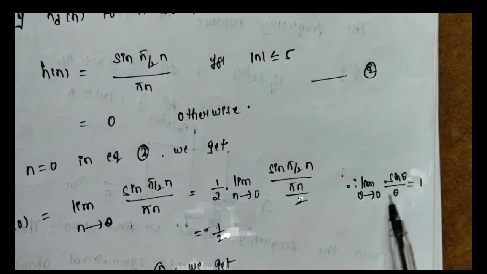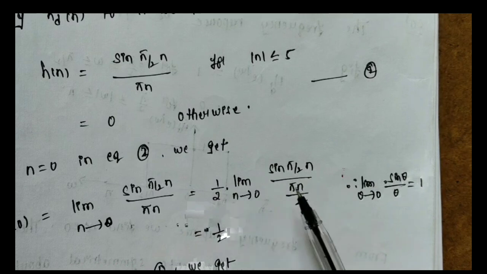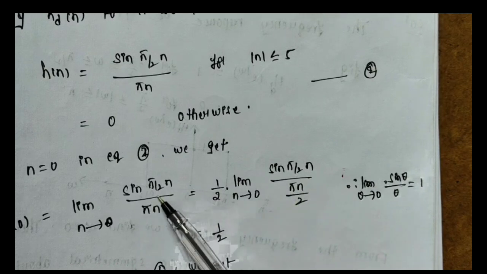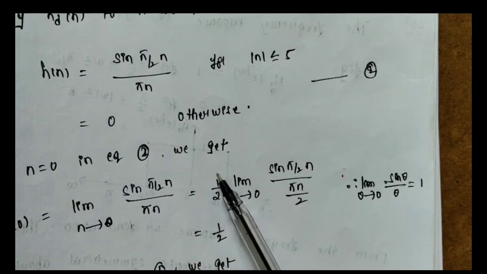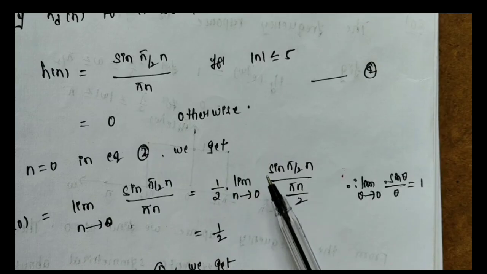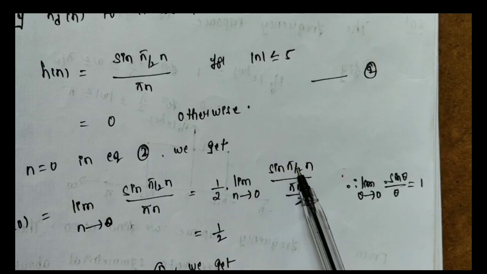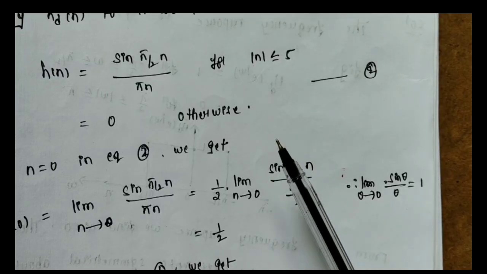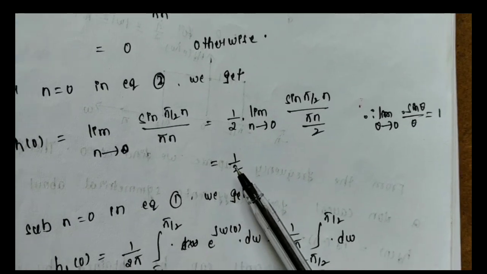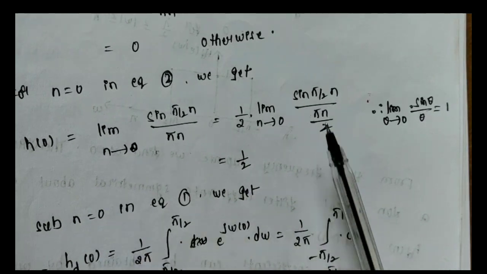Because I know sin θ by θ is equal to 1, I have to make the denominator π/2 n instead of just πn. So to make it π/2 n, I am taking one more 1 by 2 here. So 1 by 2 into the limit n tends to 0 of sin(π/2 n) by (πn/2). Now this is in sin θ by θ form, so this total term is equal to 1. So we are left with 1 by 2. So h(0) is equal to 1 by 2.